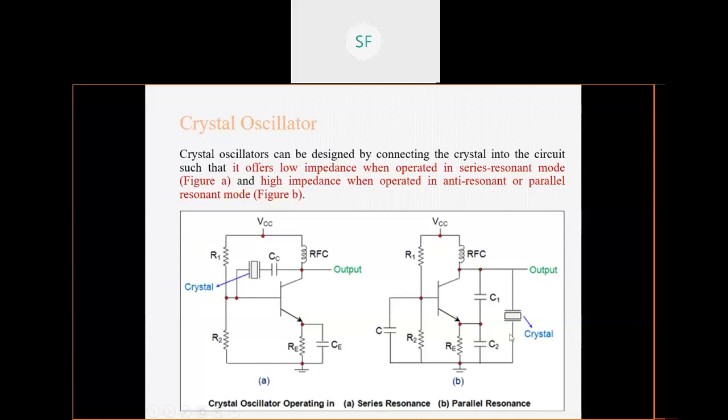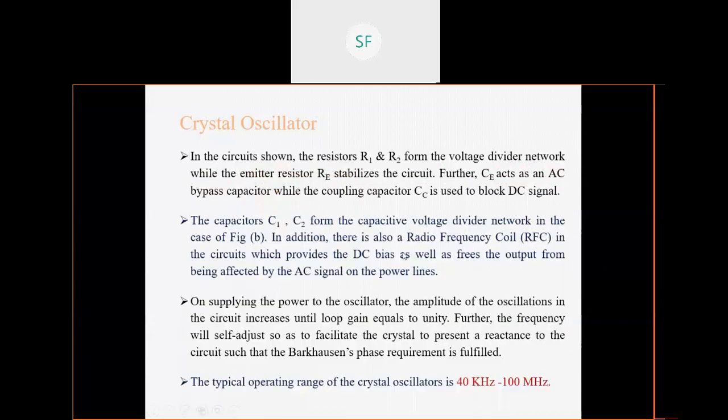And if you are using your crystal at the parallel resonant frequency, then you have to connect it like this. The circuit description of both these figures we have discussed on this particular slide. The operating range of the crystal oscillator is between 40 kilohertz and 100 megahertz.